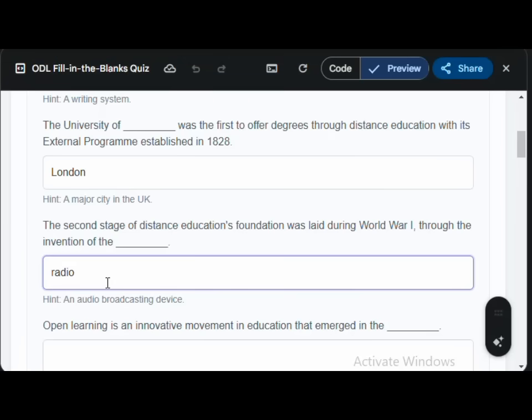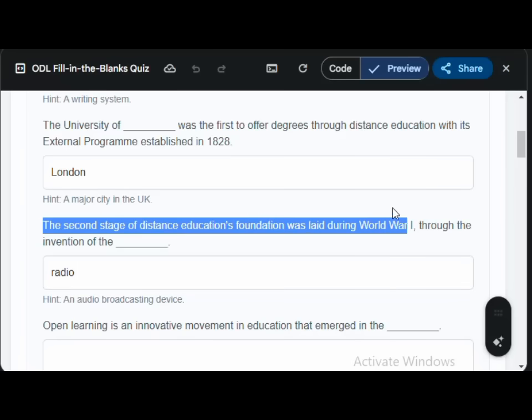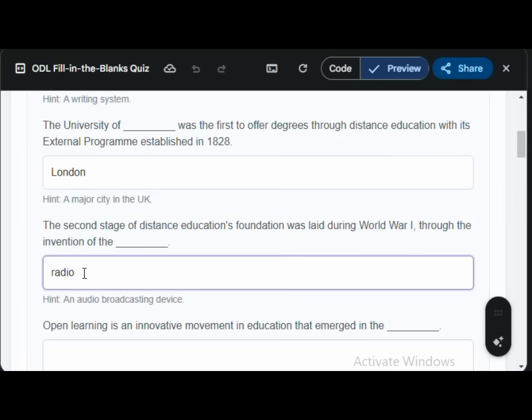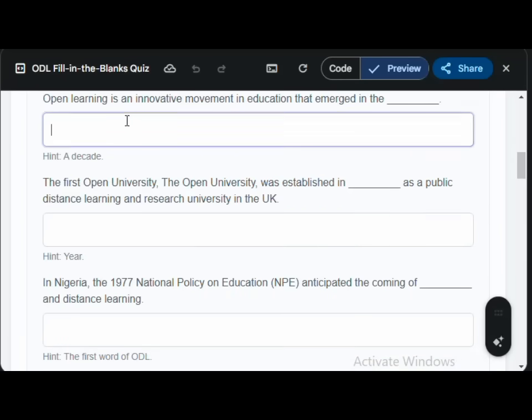Copy all this and search for it in your courseware. Search for it, you see the answer, radio. Let me proceed and I will explain something very important.